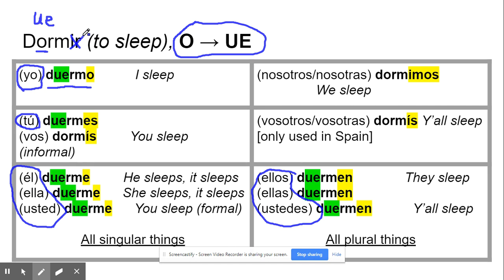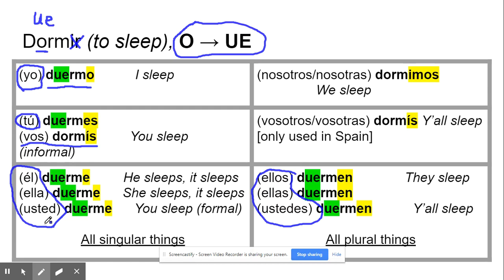Now, the vos form is a little bit different because there is no stem change here. Remember, I said there's never a stem change in vos form. So I don't have a UE. There's nothing green highlighted in that word. It's just dormís. The only thing I did is I took off the IR and I added the vos ending. In él, ella, usted form, we have the word duerme.